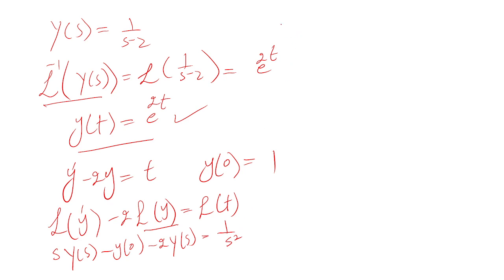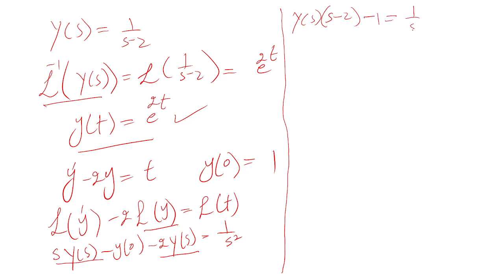So we write this again on this side. We take the Laplace transform of y from here and here common. So taking y of s common, we get s minus 2, and y at 0 is minus 1, is equal to 1 over s square.